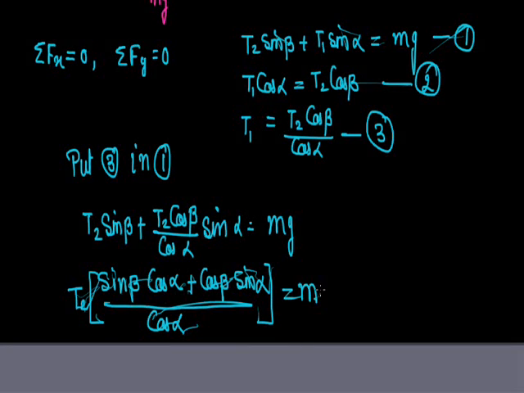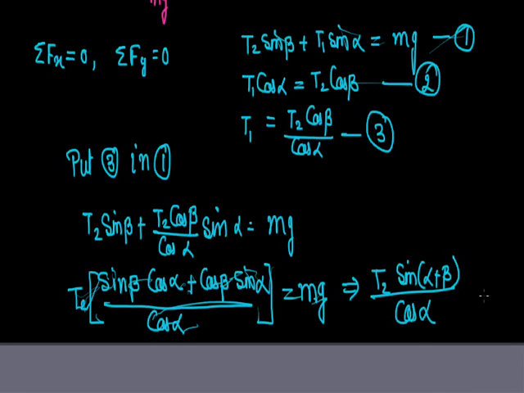equals mg. Now by solving this, as we know sin beta cos alpha plus cos beta sin alpha can be written as sin of alpha plus beta. So here T2 sin of alpha plus beta upon cos alpha equals mg.